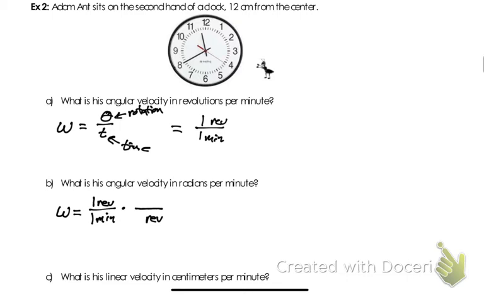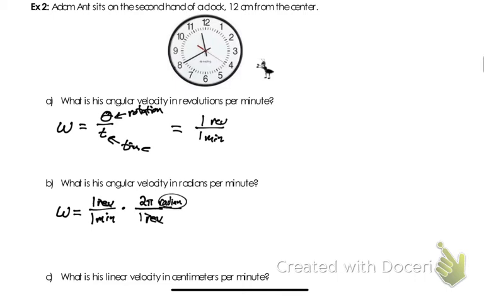How many revolutions are in 2 pi? 1. Okay, it's just 1. So we're going to have 2 pi. Normally you don't write this, but for the sake of our notes, I'm going to have 2 pi radians per 1 revolution.